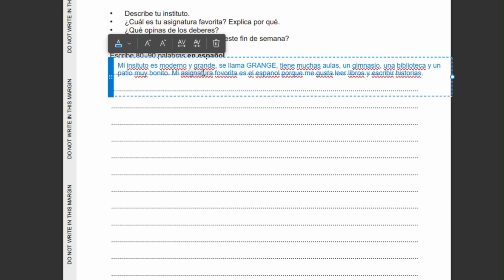Bueno, los deberes, no me gustan mucho, pero yo sé que son importantes para aprender más.